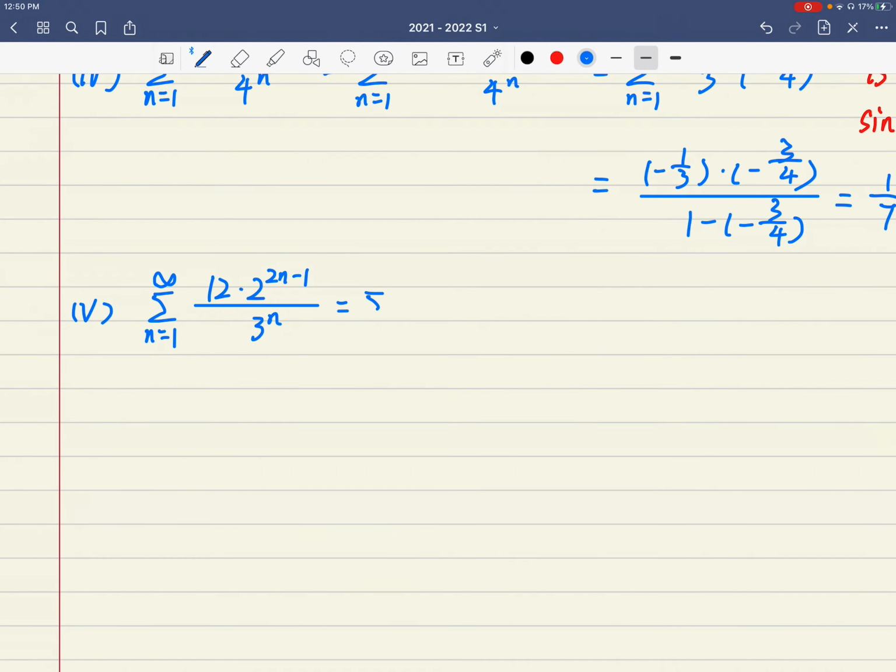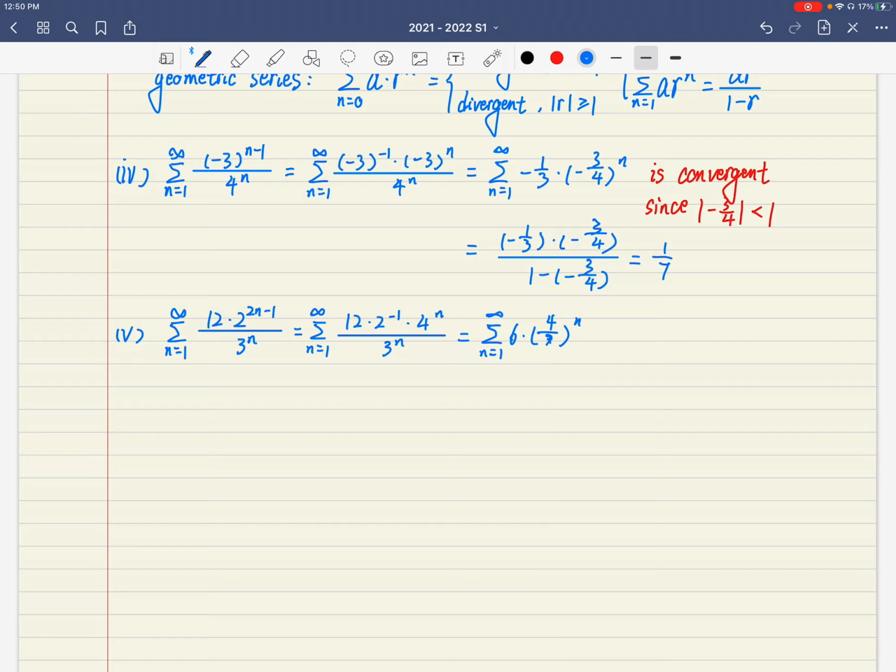So it's 12 times 2 to the power of negative 1 times 2 to the power of 2n, which is just 2 squared to the power of n, so 4 to the power of n, over 3 to the power of n, with n from 1 to infinity. This is 6 times 4 over 3 to the power of n.